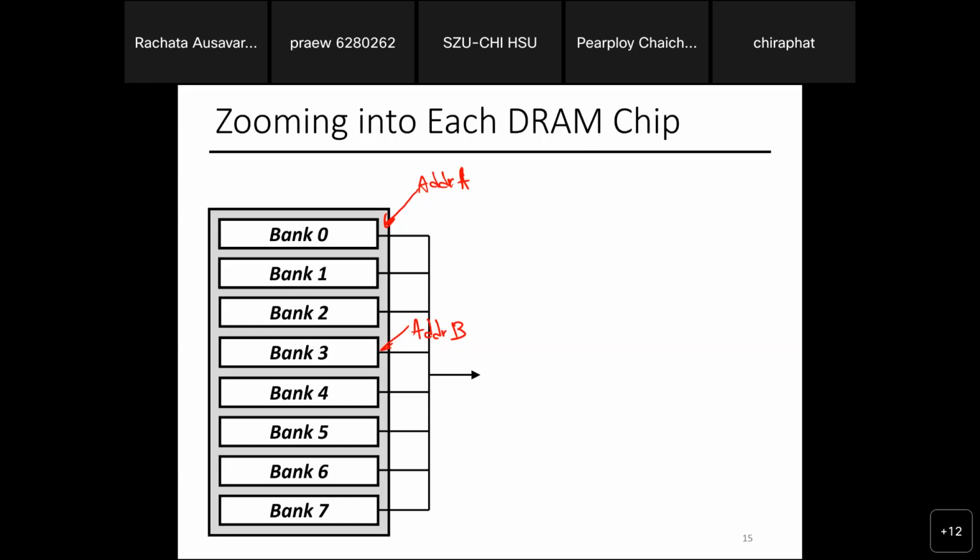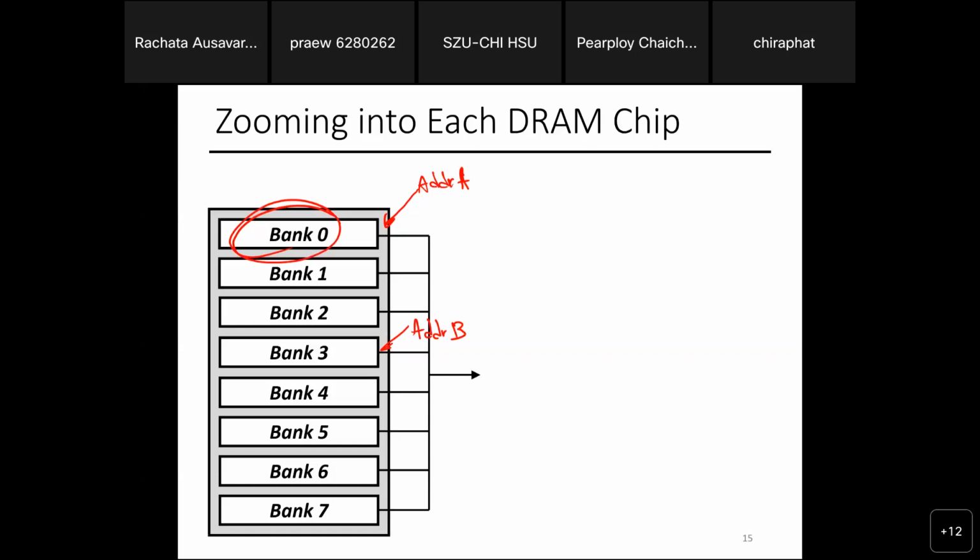So now that you know the address also has something to do with the bank ID, should I write a program that goes to only one bank, or should I write a program that tries to distribute my addresses to all the banks? You want to distribute your accesses to all the channels and all the banks. Why? Let's say you have to send 16 requests.